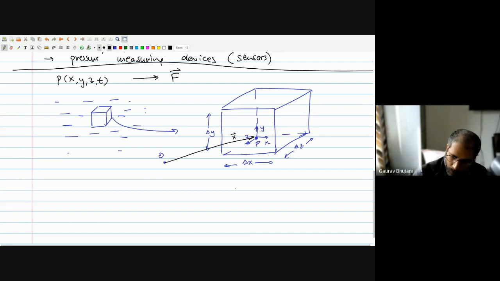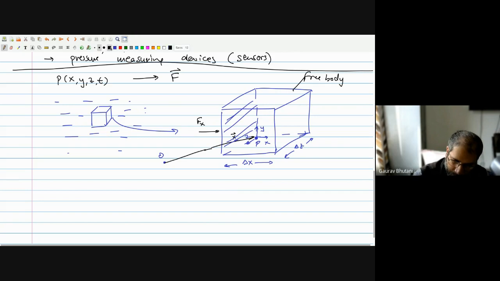Right. So what we also do is say that since we've taken a collection of fluid particles making this cuboid, now this is my free body. So whatever is outside this cuboid of fluid is applying forces on this free body. The liquid outside this free body is applying a force. This I'll call Fx, because this plane is at a distance x from the origin.